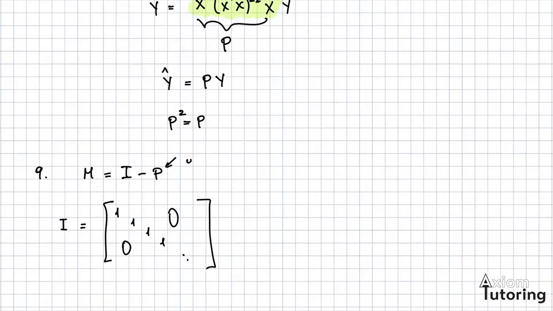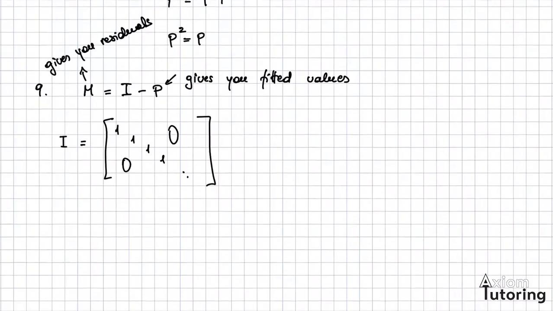So P gives you fitted values. M is going to give you the residuals. And let's check very quickly how exactly it does it, so that you don't just remember it as a rule of, okay, this relation is what is giving me the residuals.